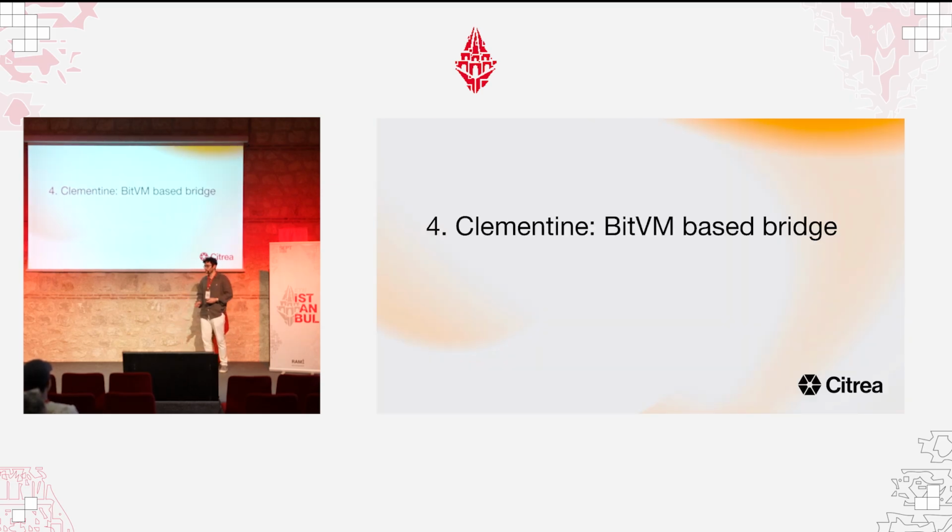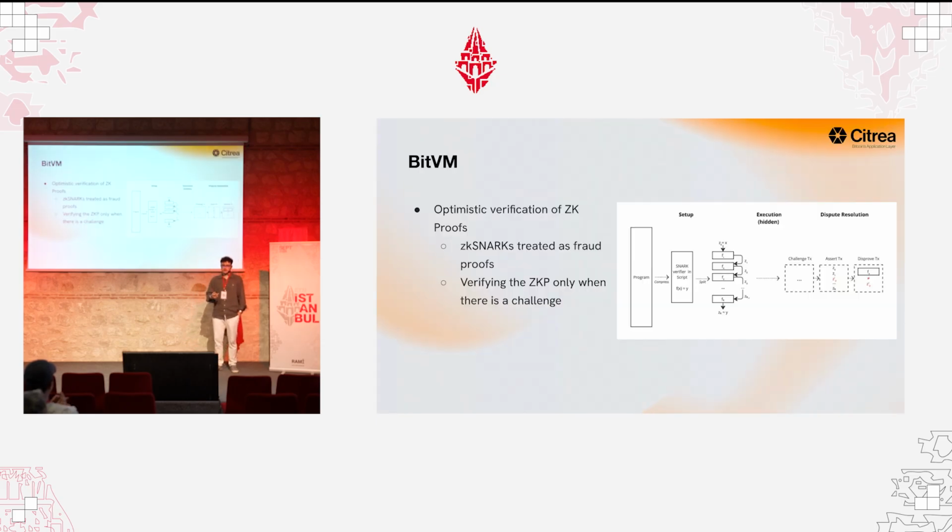Okay, so again, we got the light client proof. Nothing has been verified on Bitcoin yet, right? So that's where Clementine and BitVM come into play. So let's talk about BitVM a little bit. I was actually going to talk about this, but I accidentally skipped the first slide and played along.